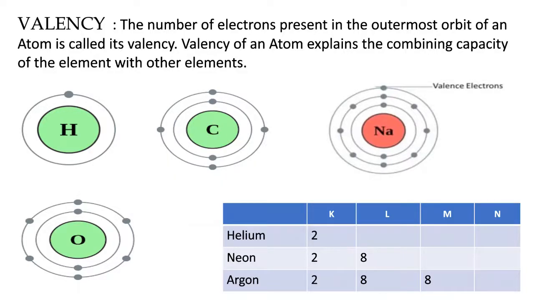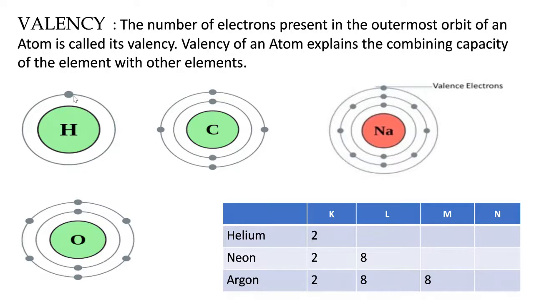Now coming to valency. The electrons present in the outermost orbit of an atom are called its valency electrons, and the valency of an atom explains the combining capacity of the element with other elements. Now here, if you see, this is the atomic model of a hydrogen atom. This is your nucleus, and we have got 1 electron in the first shell.